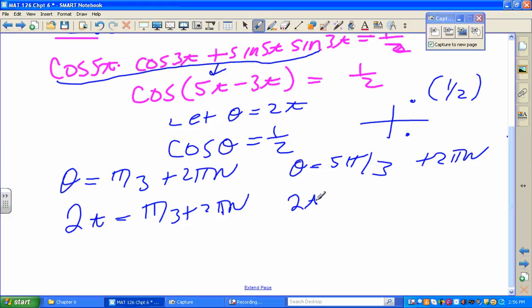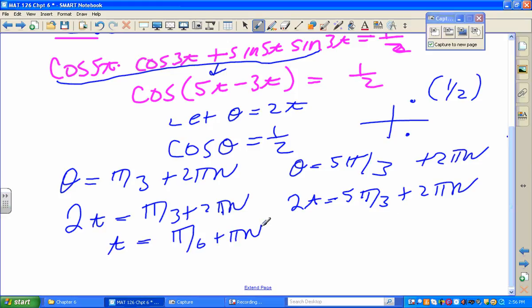And 2t equals 5 pi over 3 plus 2 pi n. We're getting close. And then you divide by 2. Pi over 6 plus pi n and 5 pi over 6 plus pi n.